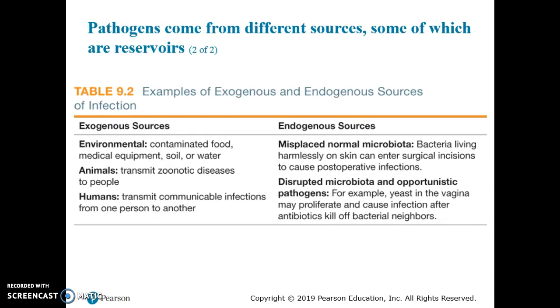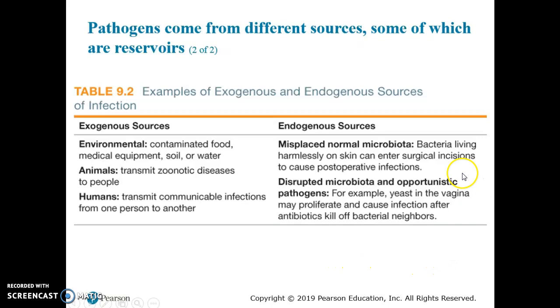Alright, so here are some examples. The exogenous sources: contaminated food, medical equipment, soil, water. Animals, those are the zoonotic diseases, and humans also transmit communicable infections from one person to another.